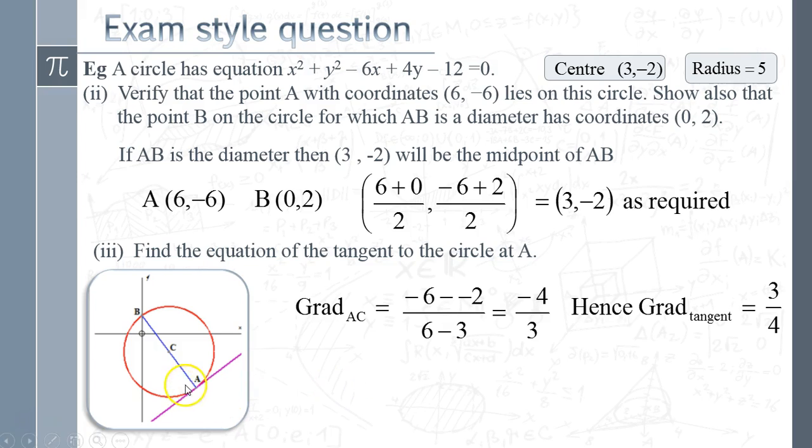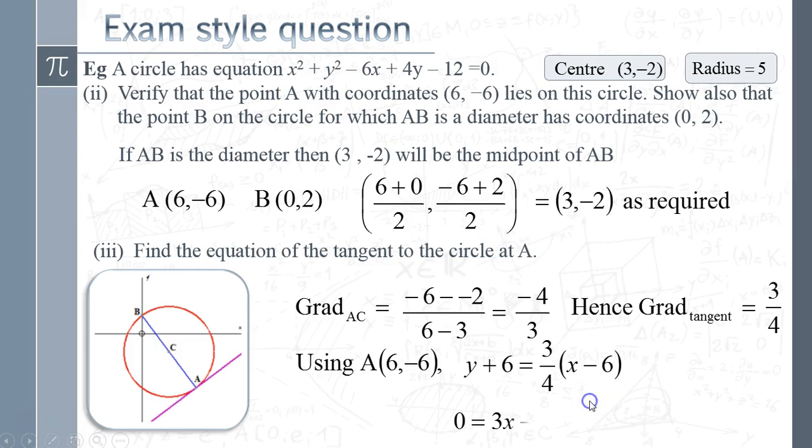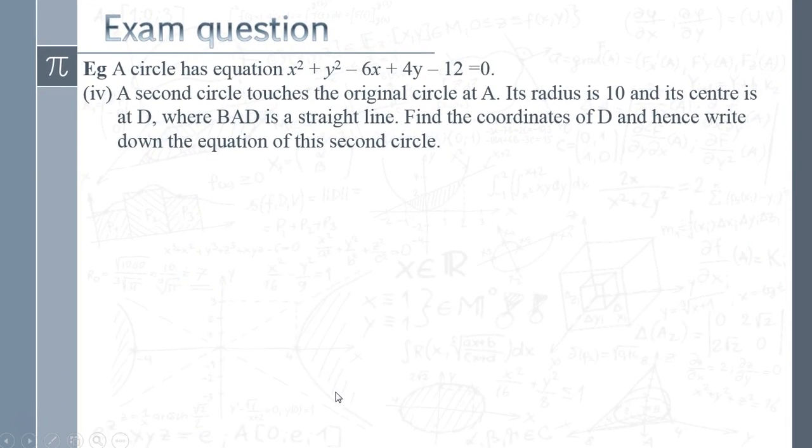Now we're told it goes through point A, and we know A is at 6, minus 6, so we're going to take that information and put it into the equation of a line. And so what we've got there is our equation: 3x minus 4y minus 42 equals 0.